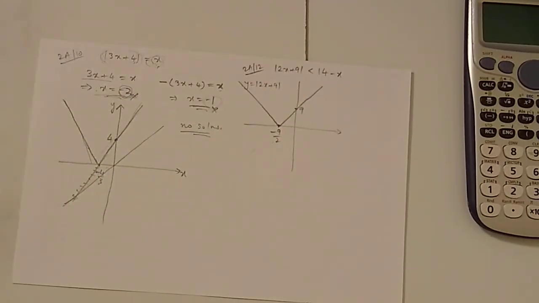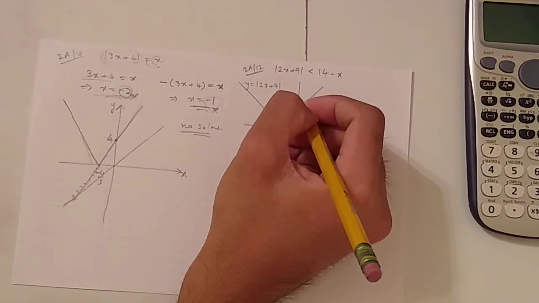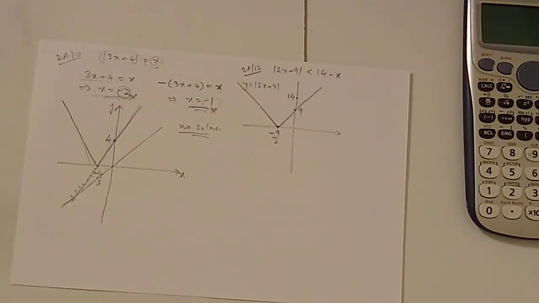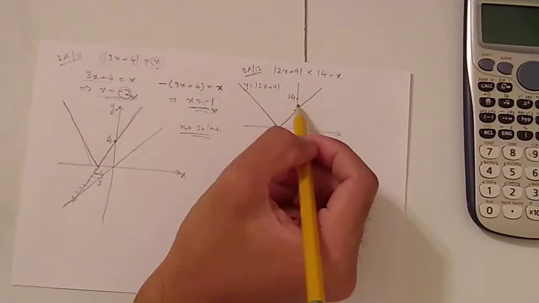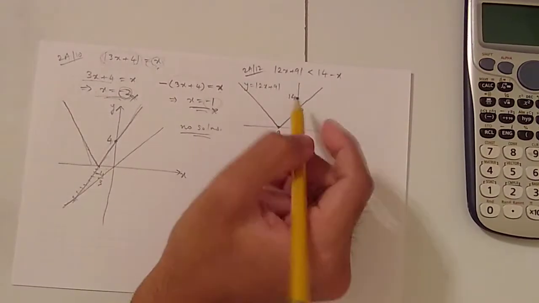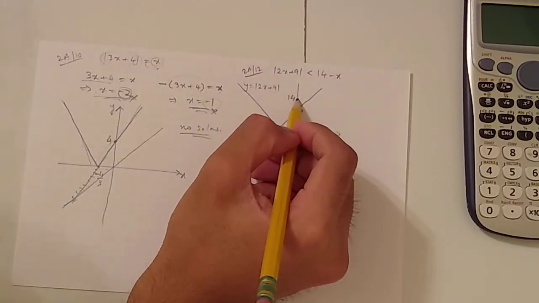Now the next thing is we have 14 minus x. This graph passes through the point 14, and it has got gradient -1. Therefore it is going to be less steep than this graph. So it is going to be a gentle graph.